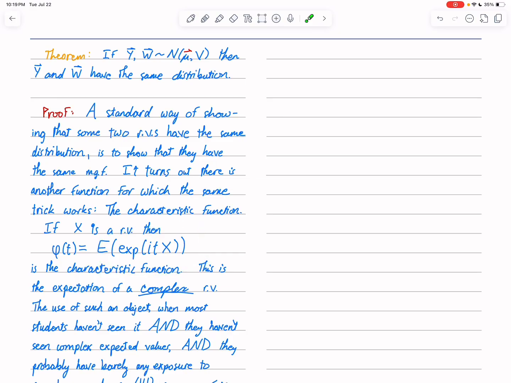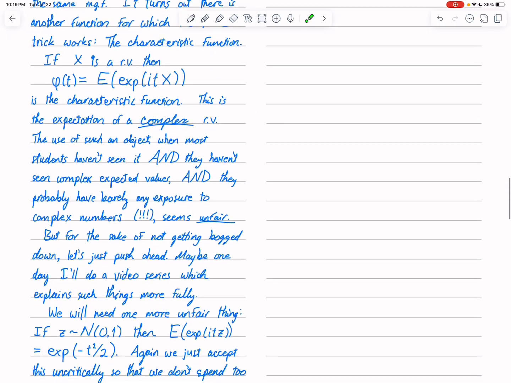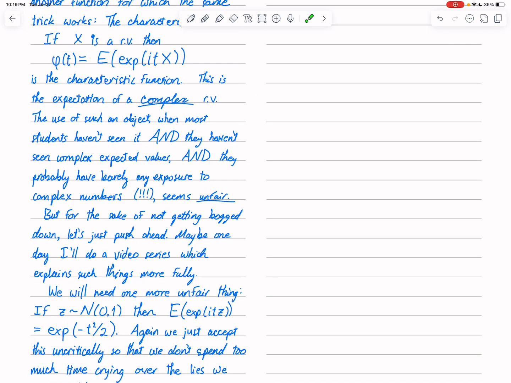But the problem here is that this is a complex number, right? This is a complex valued random variable, and I find this kind of frustrating and unfair. Most people who would read this book or take this class might not have encountered complex numbers for quite a while, and then wouldn't have ever seen the expected value of a complex random variable.